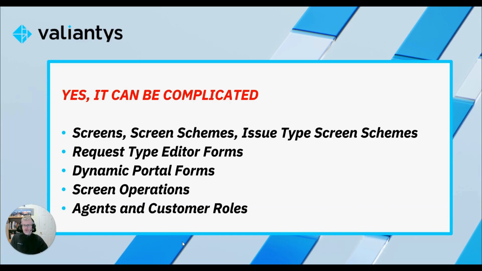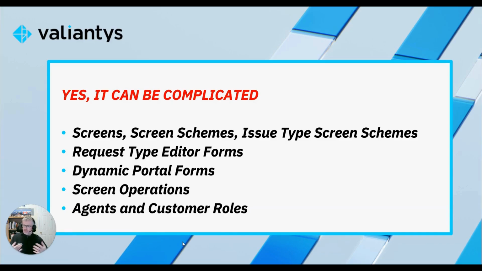And I want to focus on the topics that you see on the screen, namely, how do you properly set up screens, screen schemes, and then of course issue type screen schemes, and how does this also work in relation to the request type editor, where you can set up request type editor forms, and you can also set up so-called dynamic portal forms.